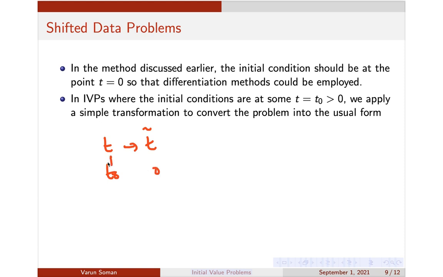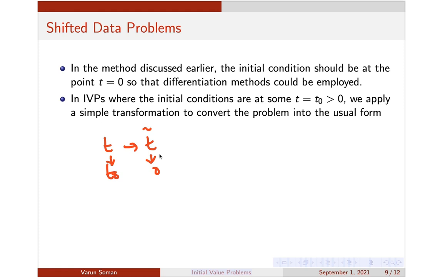I will convert the problem in terms of t to a problem in terms of t tilde in such a way that when t is the initial point, t tilde will always be 0. Then I can solve the problem in terms of t tilde using the earlier method, because the earlier method works for the initial point 0.